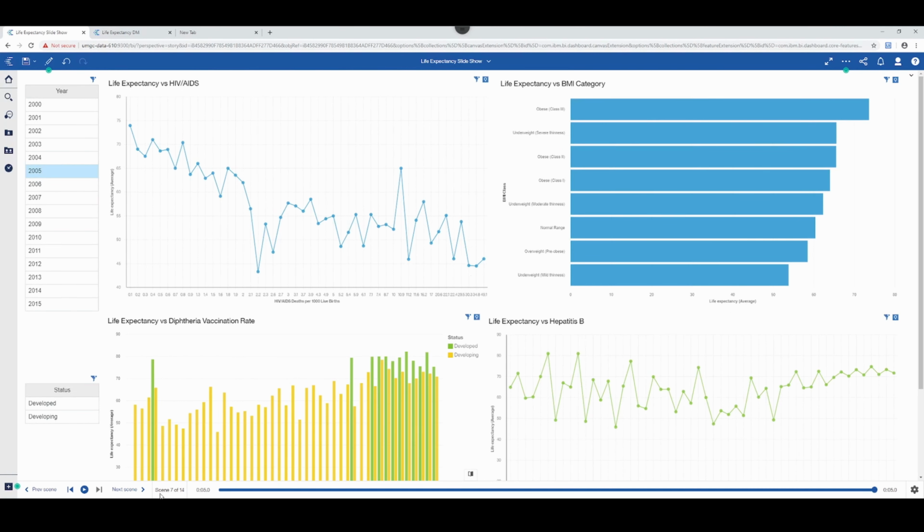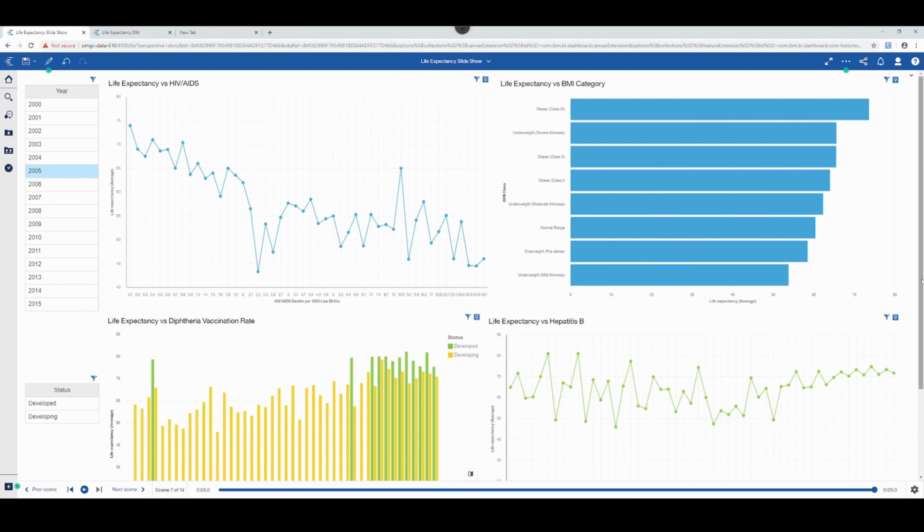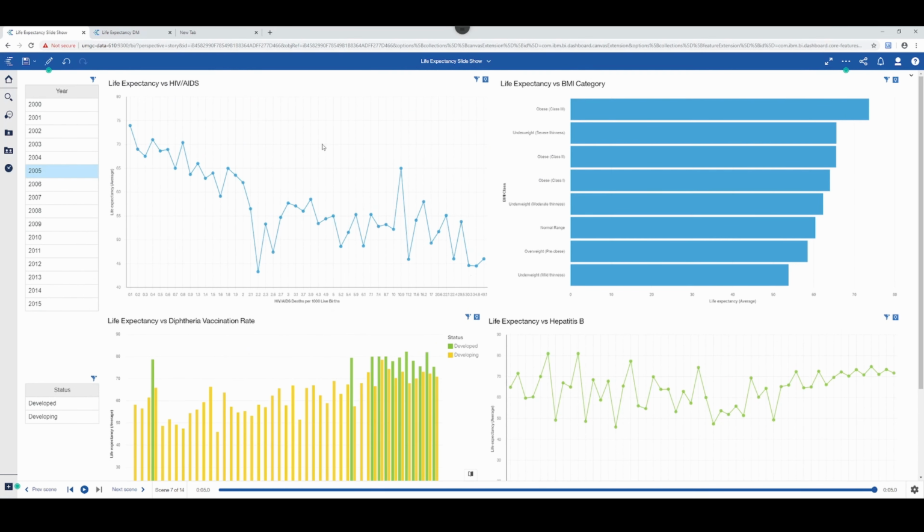Okay, so this is scene 7, and we're looking at insights by health. So here we'll look at a few health factors that will have an impact on life expectancy. Here we have HIV/AIDS, and this is deaths per 1,000 live births. This is body mass index.